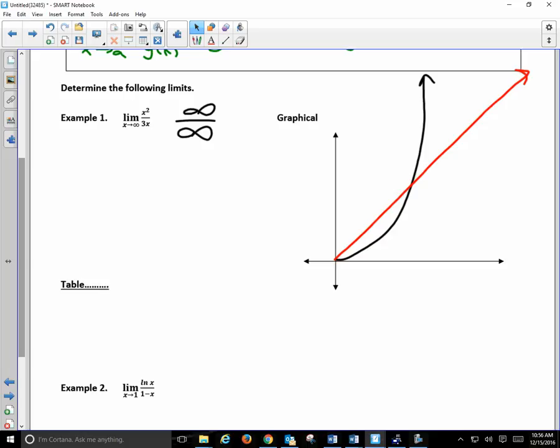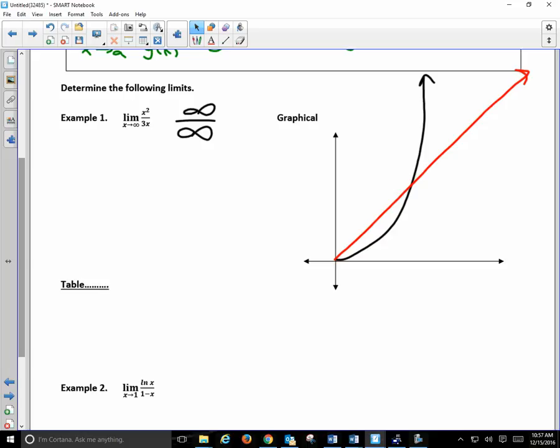L'Hopital's rule says if you get infinity over infinity, we can see this function's headed towards infinity. We can see that the red function's headed towards infinity. It says check the rates at which they're going to infinity. So right now, they're pretty close to each other right here, aren't they? If you divide them, you get like 1. But as you move on in this direction, what's happening to the black function?